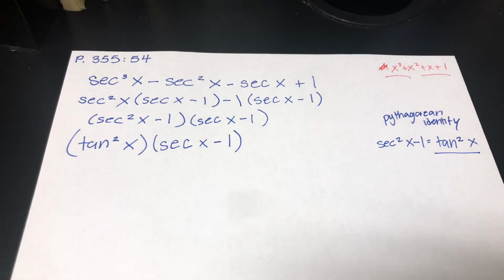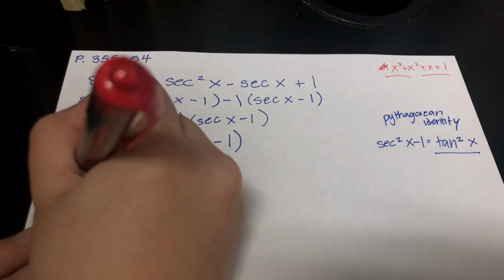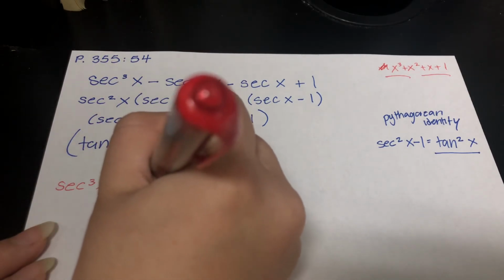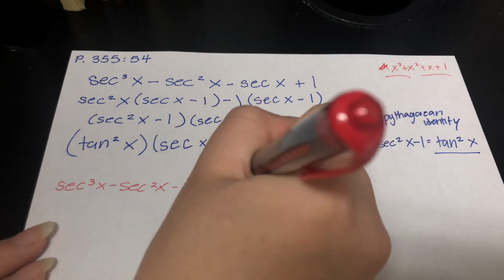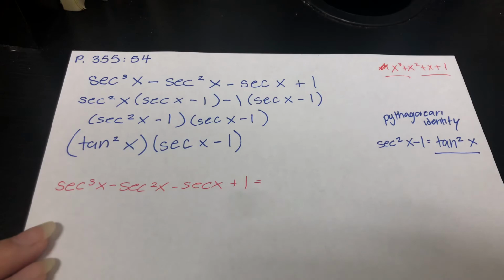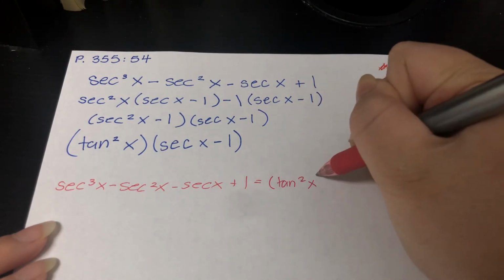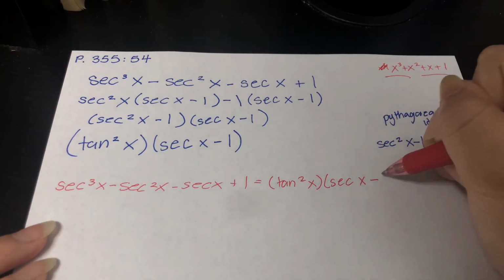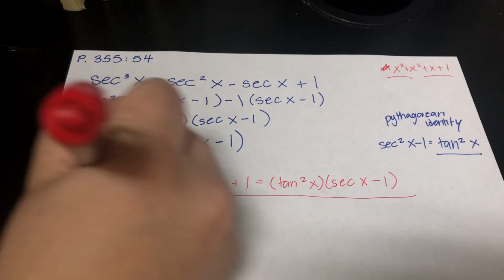So basically, in conclusion, if we write it all out, we take what we were given, secant cubed minus secant squared minus secant plus 1, is equal to our answer, which is tangent squared times secant x minus 1. And then that is our final answer.